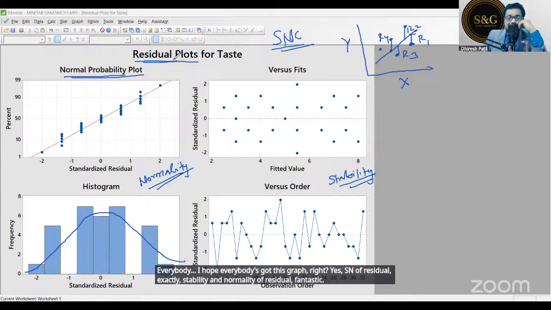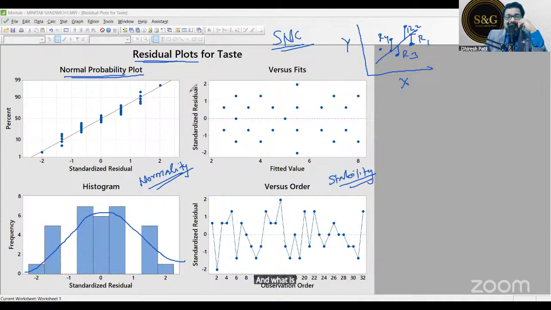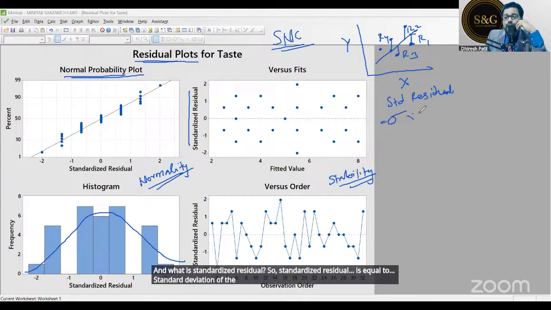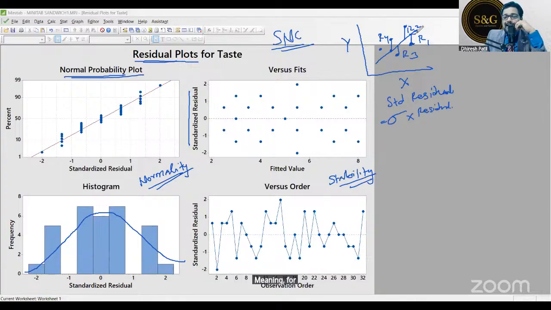Fantastic. And what is standardized residual? So standardized residual is equal to standard deviation of the residual into actual residual. Meaning, for example, let's say R1 is equal to 3 centimeter, and standard deviation is 1.5 centimeter.